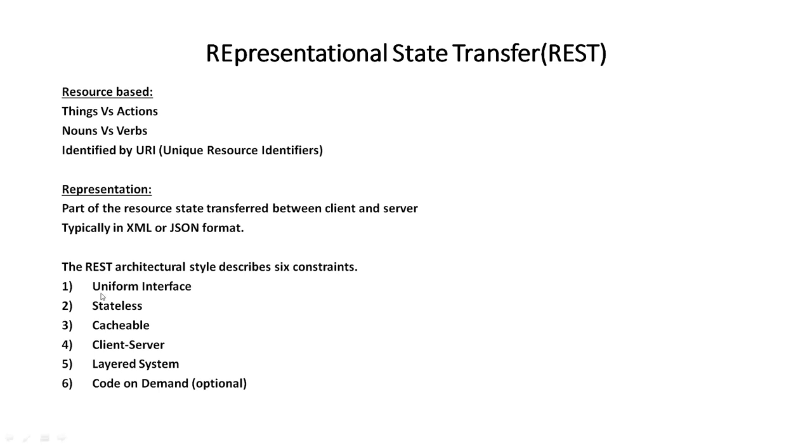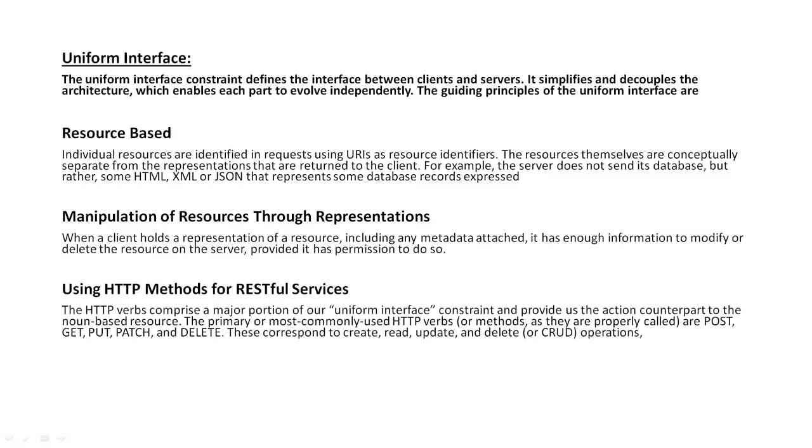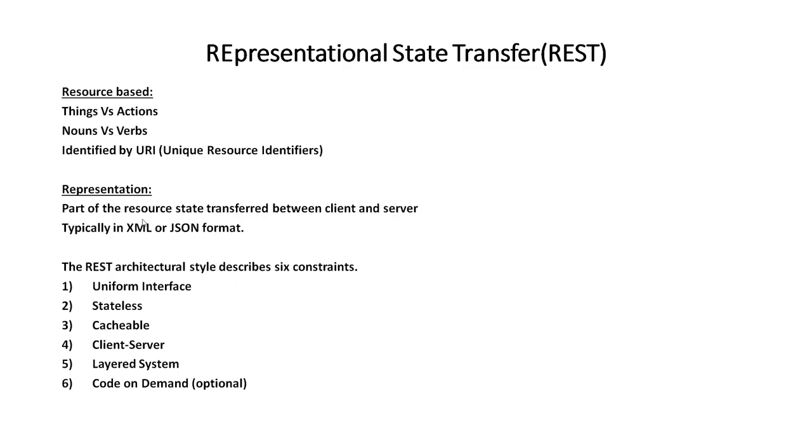The constraints are uniform interface, stateless, cacheable, client server, layered system, and code on demand. Tenets mean the principles or philosophy behind RESTful APIs, and we will see in detail what these tenets and constraints are.